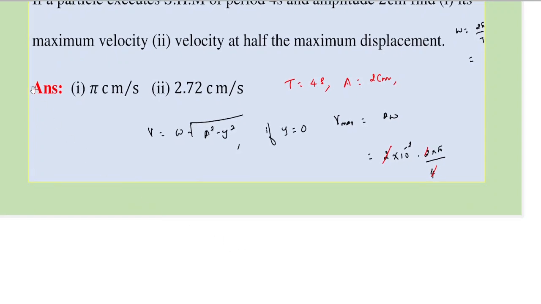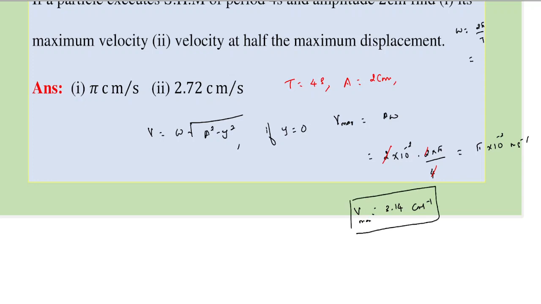So what we get from here is that V maximum is equal to pi into 10 power minus 2 meter per second, which is 3.14 centimeter per second. So this is the velocity at the mean position, which is V maximum.